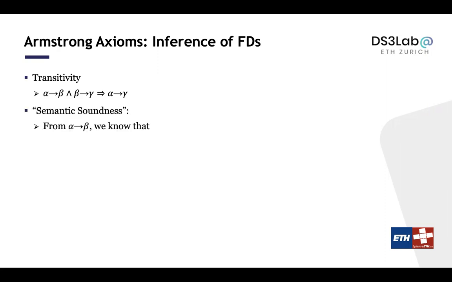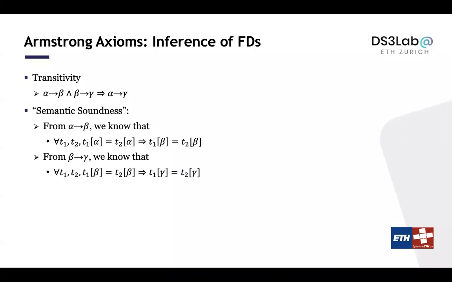So the proof is actually very simple, right? From alpha to beta, we know that for all tuples T1 and T2, if they match on alpha, they also match on beta. From the functional dependency beta to gamma, we know for any pair of T1, T2, if they match on beta, they also match on gamma. If you combine them together, for any pair, if they match on alpha, they will also match on gamma, right?